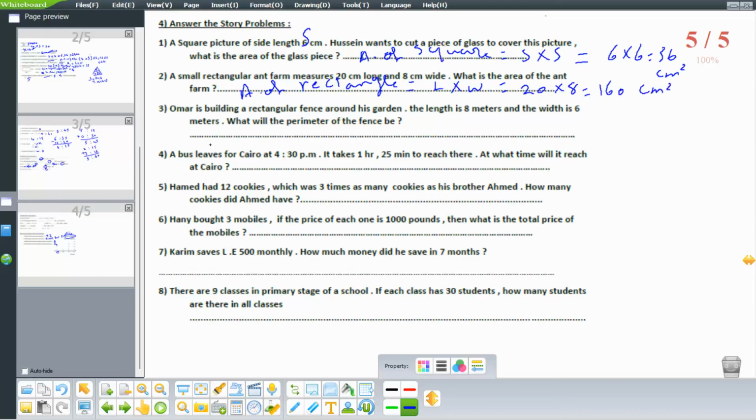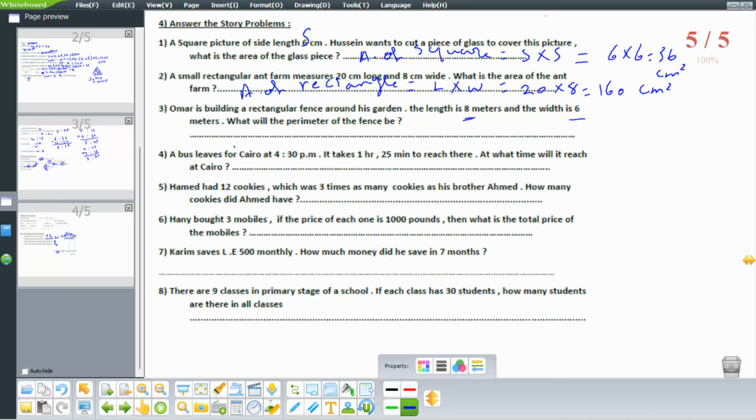Omar is building a rectangular fence around his garden. The length is 8 and the width is 6 meters. What will the perimeter of the fence be?